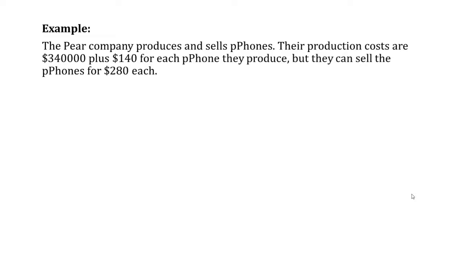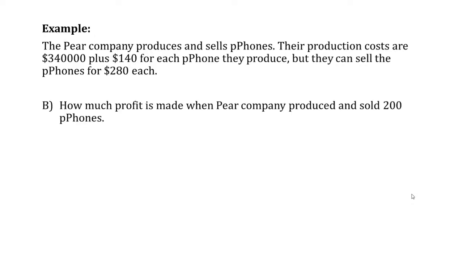So in the same example, the next question being brought up, of course after we found the general profit function, is asking how much profit is made when Pear Company produces and sells 200 P phones.